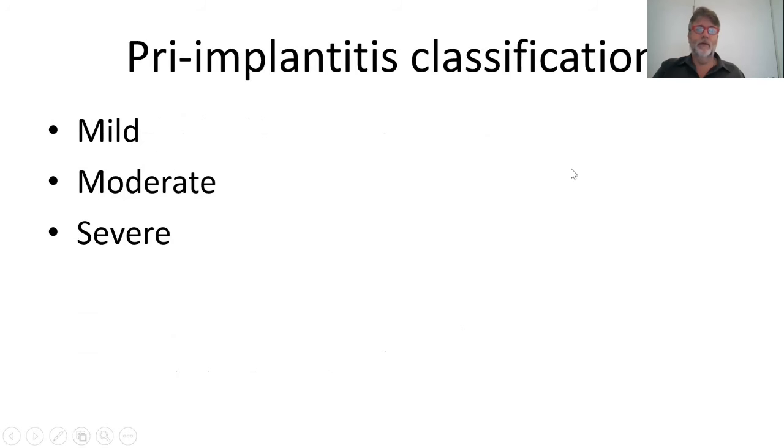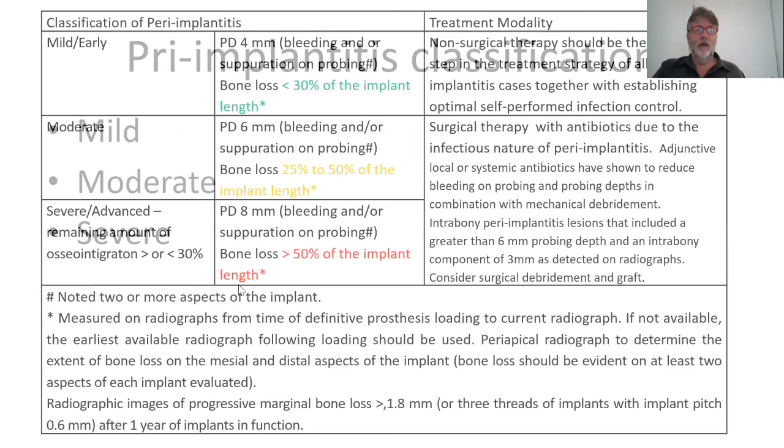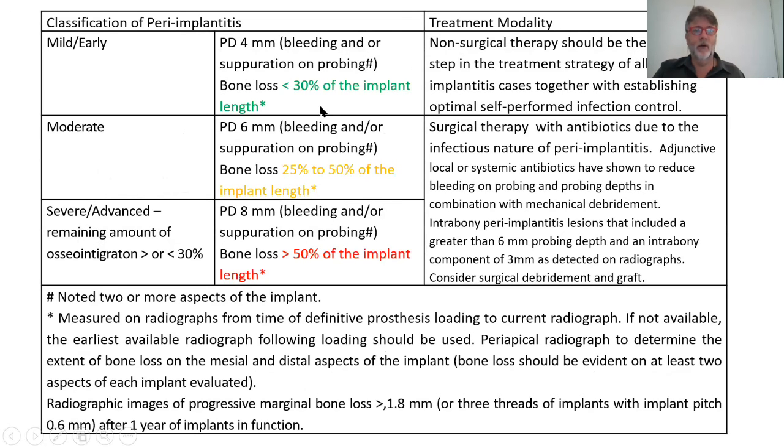Remember the classification of peri-implantitis. You've got mild, moderate, or severe, and this is worked out on the percentage of bone loss. And what I will do is add perhaps a clip of this into your box as well, so you can read that, because it's talking about the pocket depth as well as the percentages.